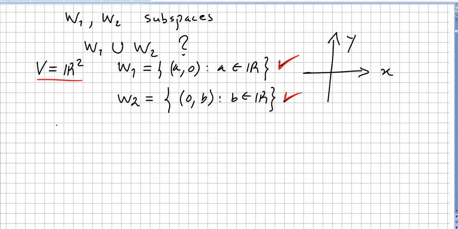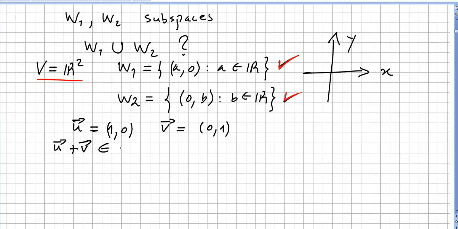Now let us pick a vector U, let us say (1, 0) for instance, and let us pick a vector V, let us say (0, 1). So it is in W2, right? U plus V: one is a vector from W1, the other is a vector from W2.